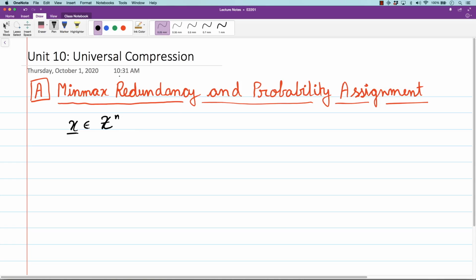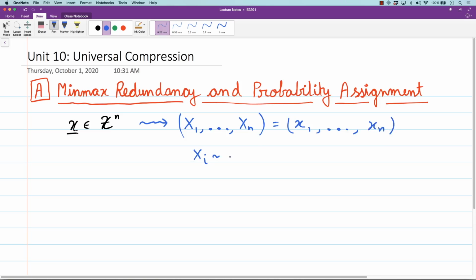And what we do is we assume that this sequence corresponds to a realization of random variables X1 to Xn, and we assume that those random variables have actually taken the values x1 to xn, and we assume further that these are generated from a fixed distribution.